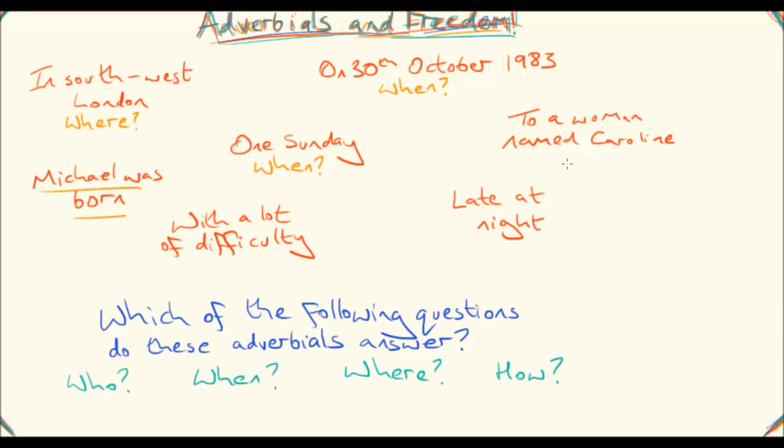To a woman named Caroline is, of course, who. Late at night is another when. And with a lot of difficulty, that's a how. So we've got these various different adverbials answering the different questions who, when, where, and how.